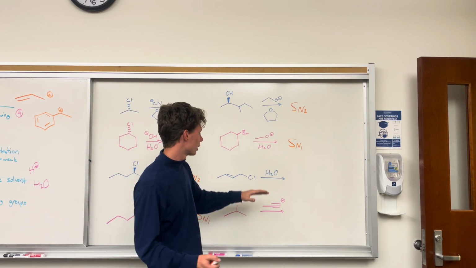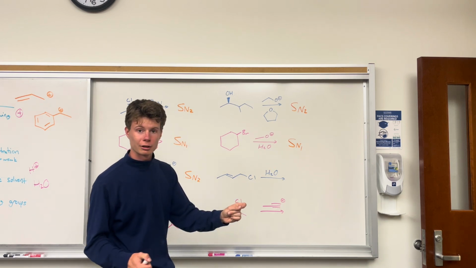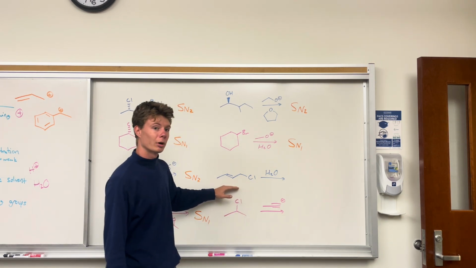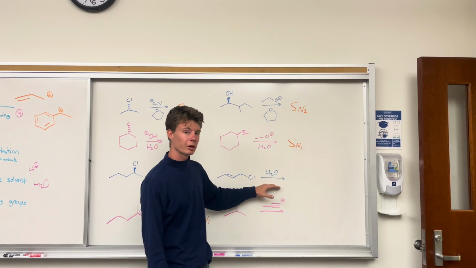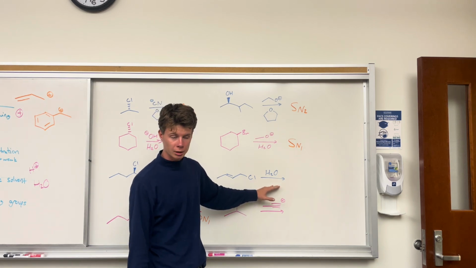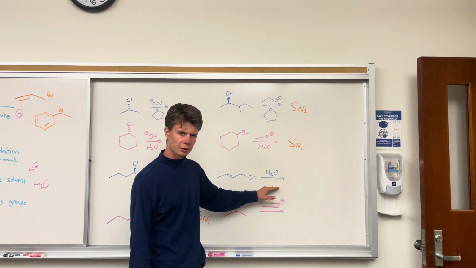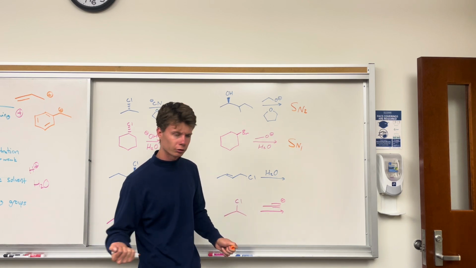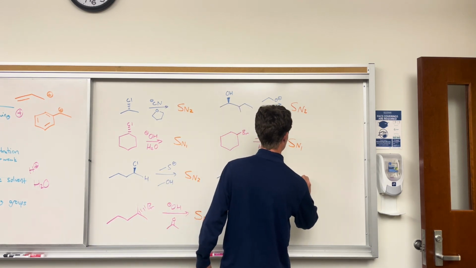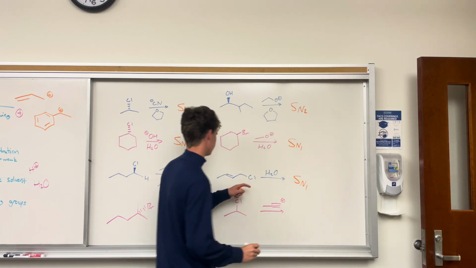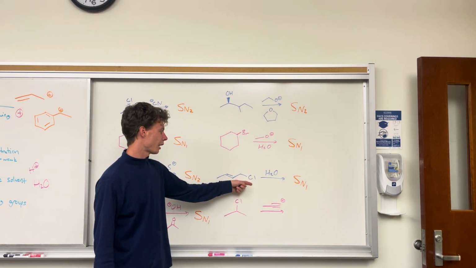So that's not really going to tell me, my primary is not going to tell me, oh, SN2. It's going to be SN1 or SN2. Let's look at water again. We know water is a weak nucleophile. It's also a polar protic solvent. So this one as well is going to be SN1. Be careful. This is not primary chlorine. This is allyl chlorine.